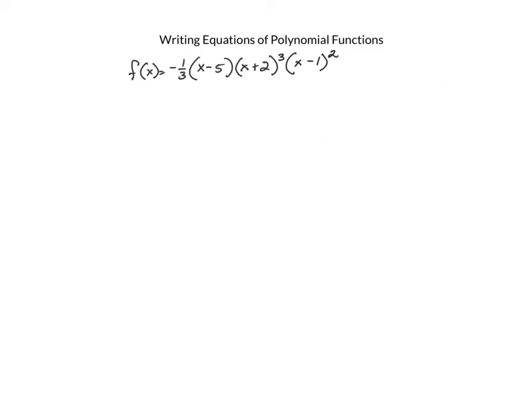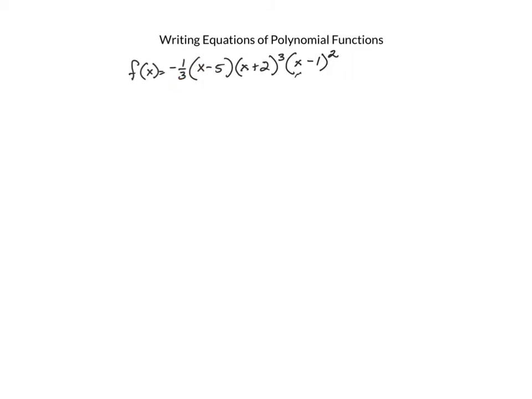We'll look at the function f of x equals -1/3 times x minus 5 times x plus 2 cubed times x minus 1 squared. Now this is a 6th degree polynomial. If you were to multiply this out, it'd take you a few minutes, you would ultimately though have this x squared times this x cubed times this x to the first power, and you can even multiply that negative 1/3 in.